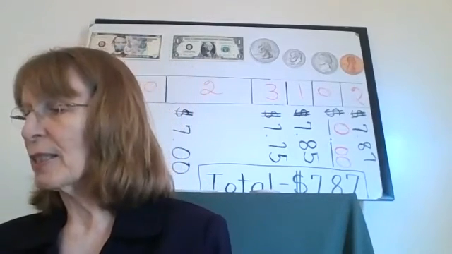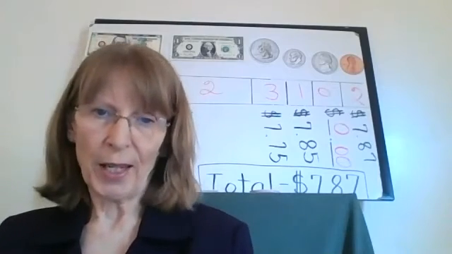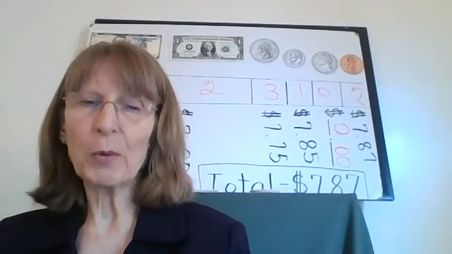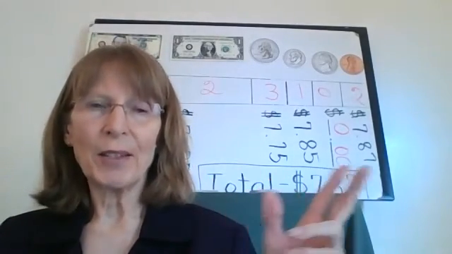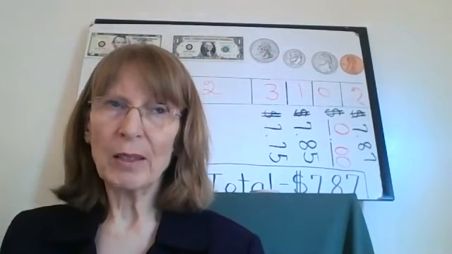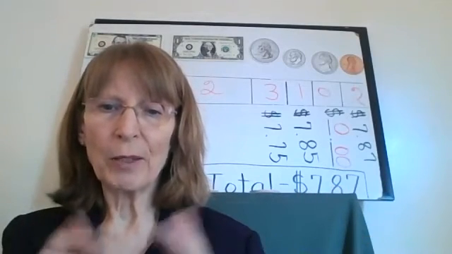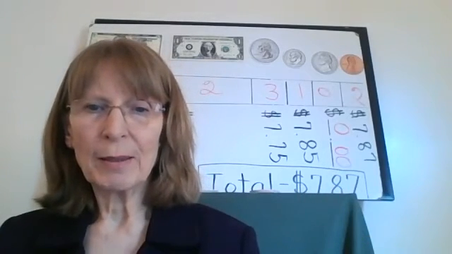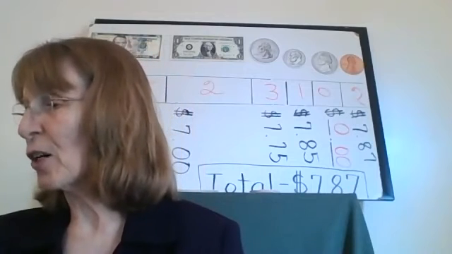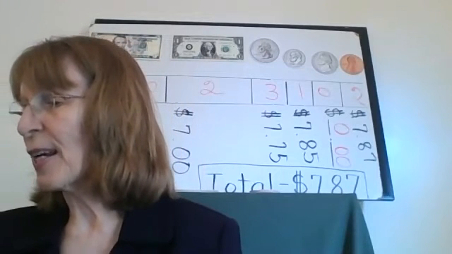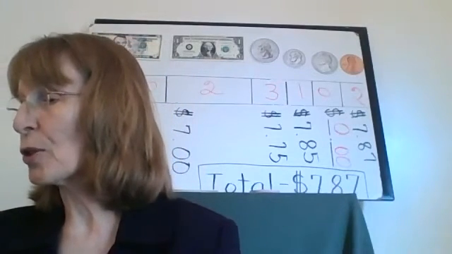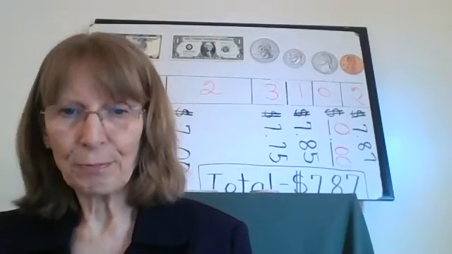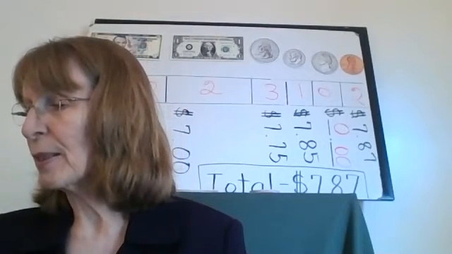Let's look at it again. $8.88. And now we're going to look at the 8 rounding down, the 9 rounding up. Round up to the $9 because the 88 cents is closer to the $9 than the $8.